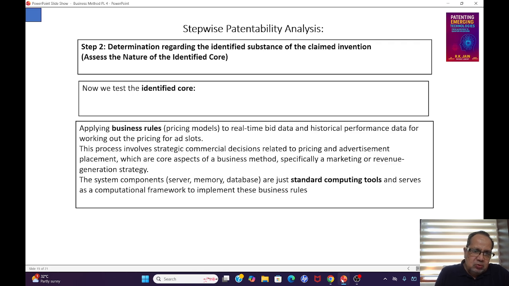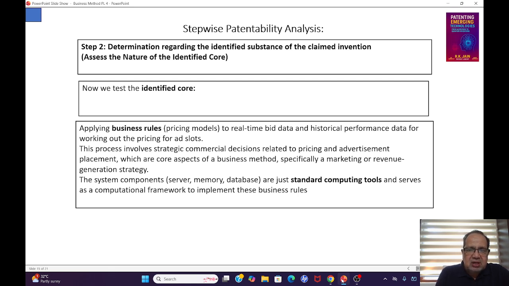So now we can very well see that the identified core is just a business method put into practice for a commercial decision, that is, to maximize revenue generation.